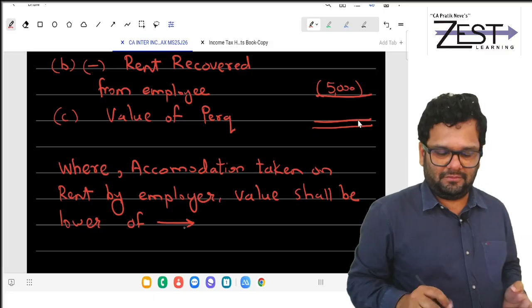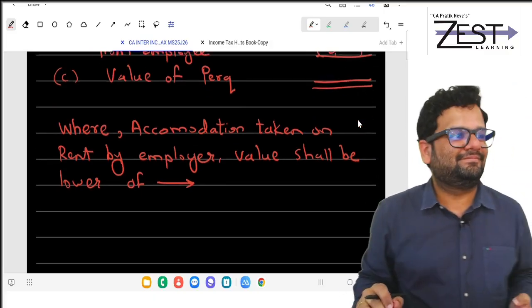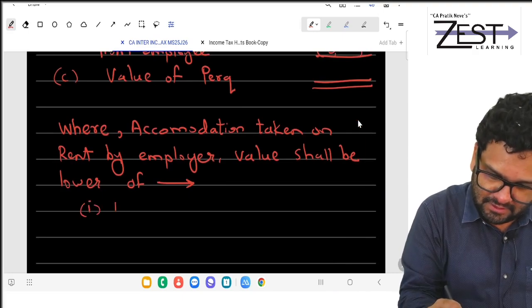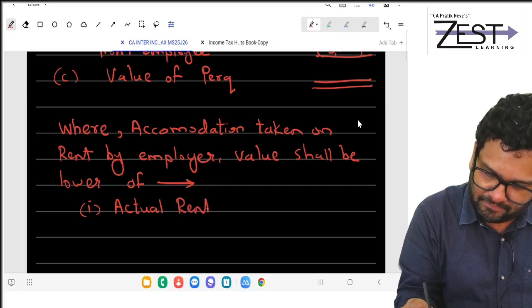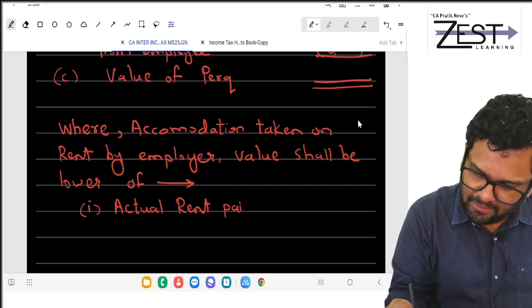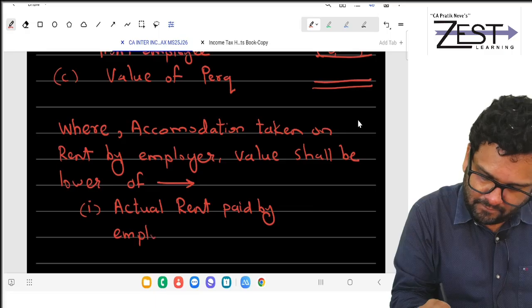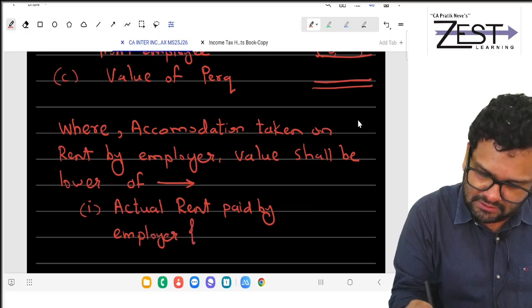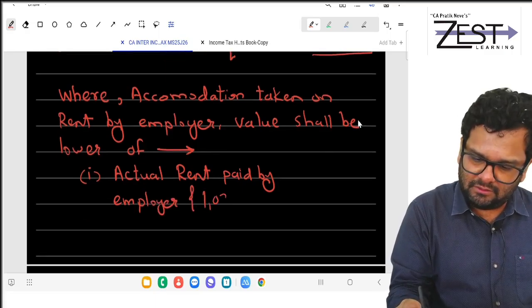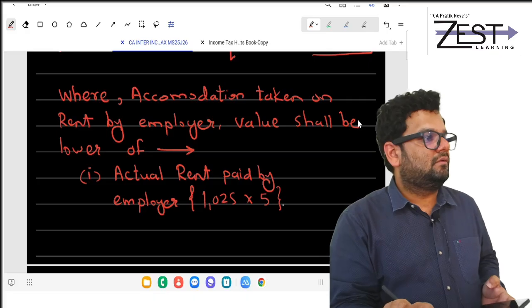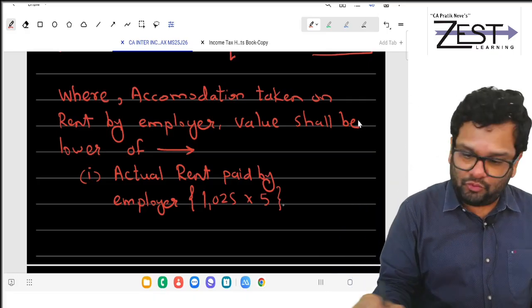Lower of what? What 2? 1. Actual rent. What is actual rent? Paid by employer. I think that is 1025, na? Into 5, 5125.